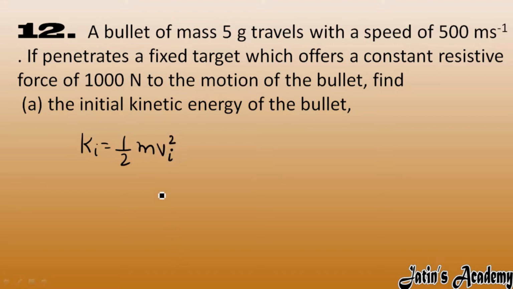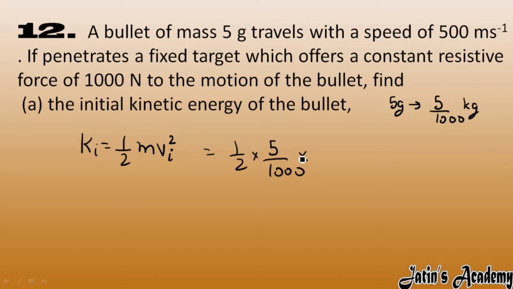Half, mass we have 5 gram, converted into kilogram, 5 by 1000 kilogram, which is the SI unit. Now velocity: the bullet travels with the speed of 500 meter per second, so initial velocity is 500 meter per second. Now put the value 500, squared.